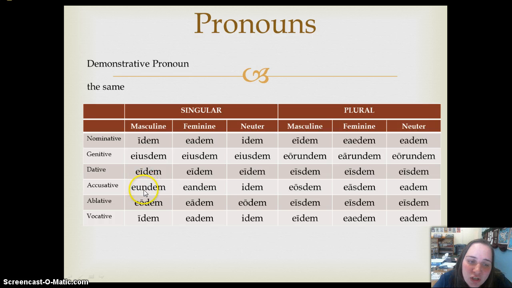Notice that whenever there should be an m, like eum, eam, in the accusative masculine singular and feminine singular, it changes to an n before the dem. So instead of eumdem, it's eundem, eandem. You'll notice that also in the genitive plural, okay?